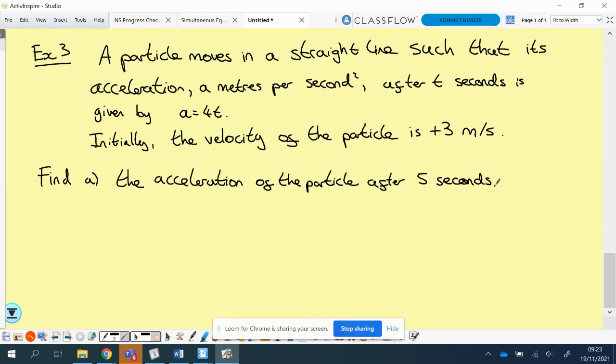That's the first thing we want to do. And part B, the velocity of the particle after 2 seconds.